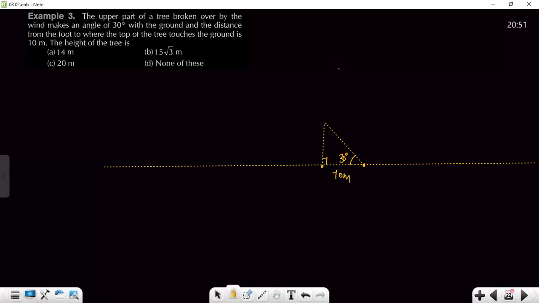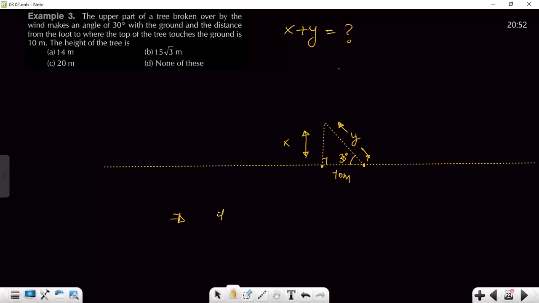Now we are discussing the height of the tree. What is the height of the tree? Not this much only. This much, x plus y, because this is also a tree. So we have to find x plus y. This is the only smart thing you have to understand. Other than this, everything is a normal calculation.